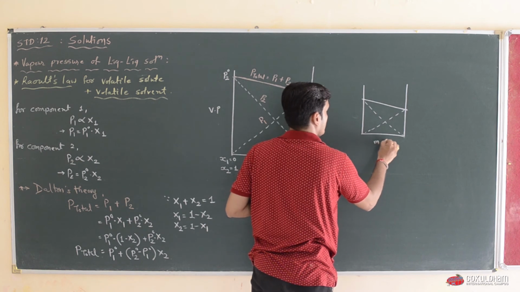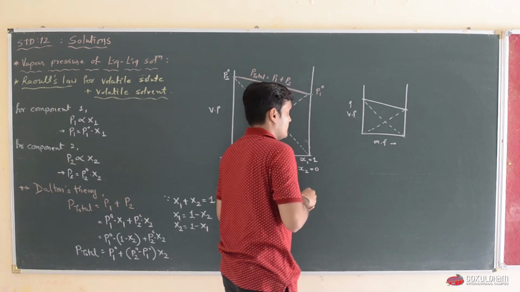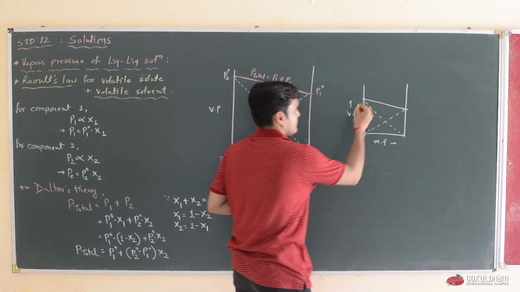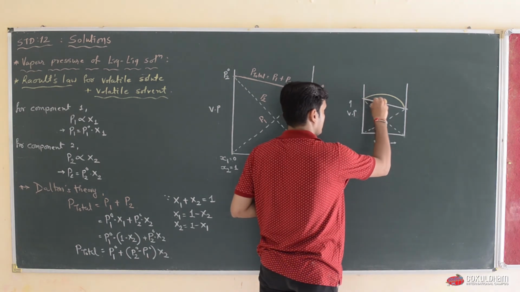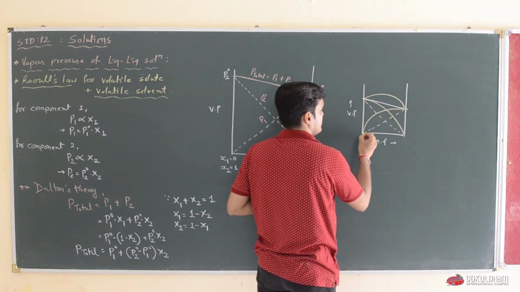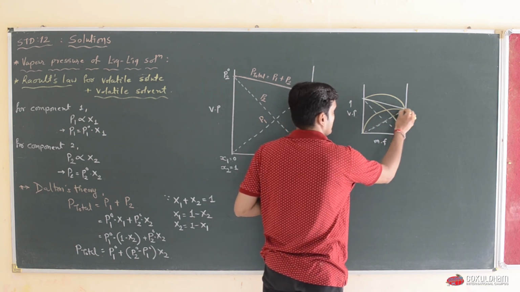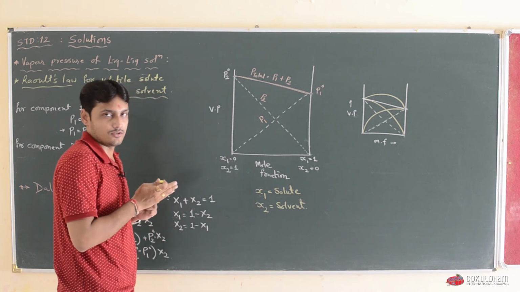This is the mole fraction and this is our vapor pressure. If we get a graph like this, the dotted line is showing the ideal condition of a solution.